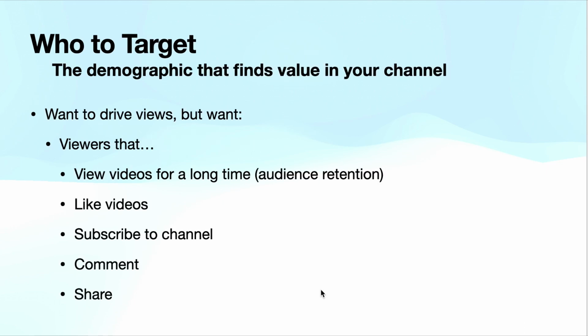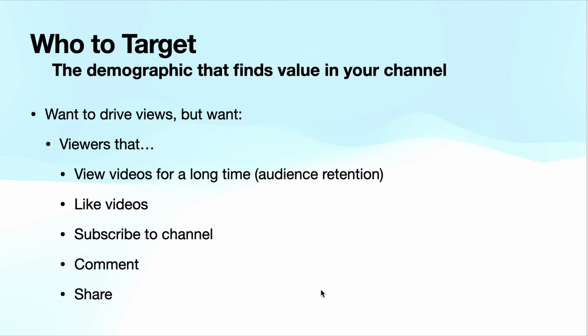So when we use Google Ads, we have to target certain demographics. The demographic that we're really looking for is that which finds value in our channels. Certainly we want to drive views, but more importantly, we want viewers that view videos for a longer time because the YouTube algorithm loves audience retention. We want viewers that like our videos.